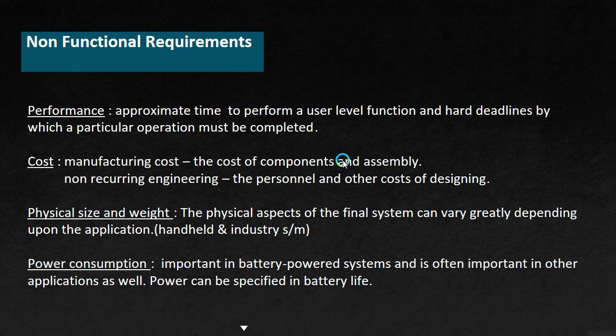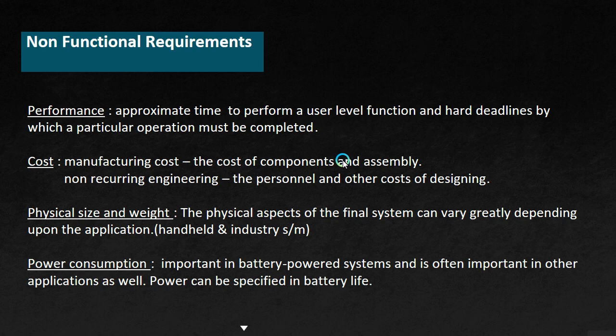So, the non-functional requirements. Performance: the speed of the system is often a major consideration, both for usability of the system and for its ultimate cost. Approximate time to perform a user level function and hard deadlines by which a particular operation must be completed.